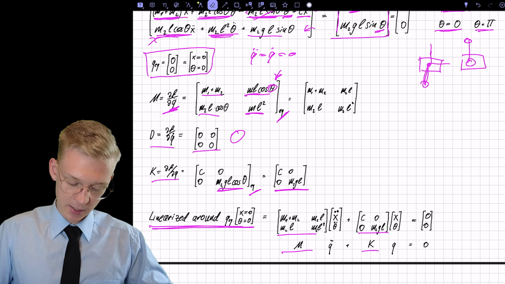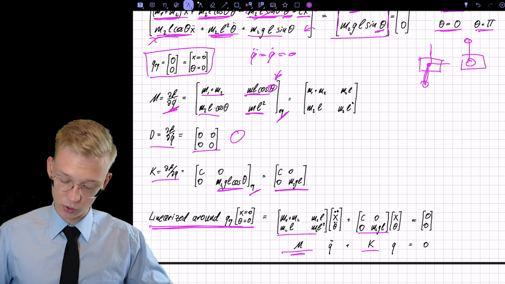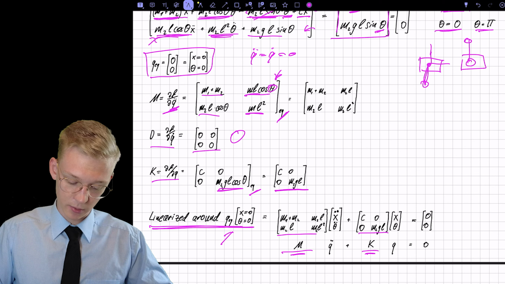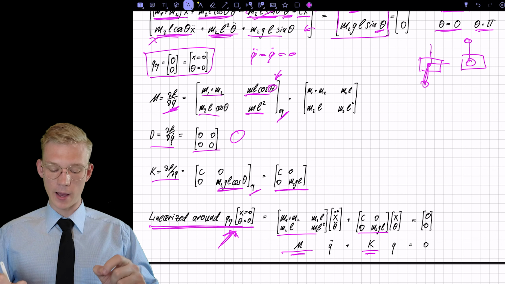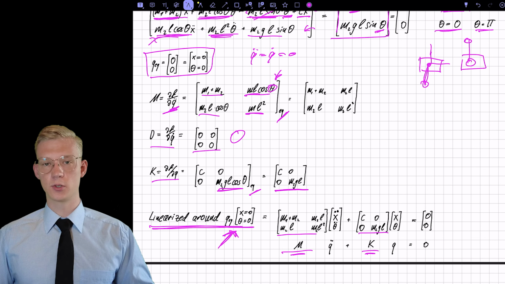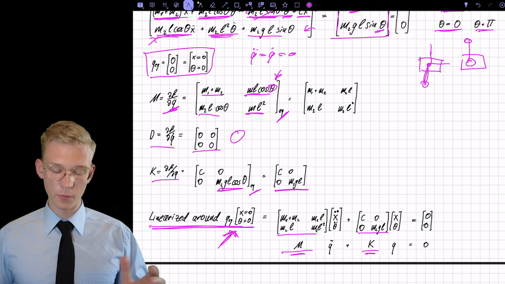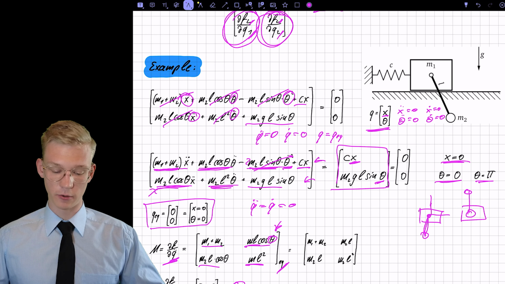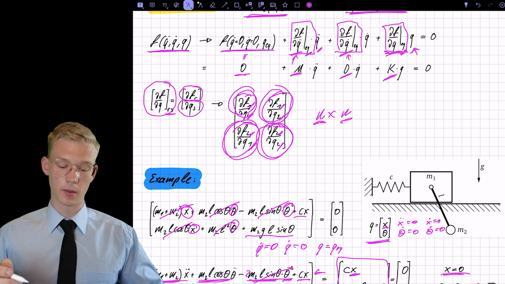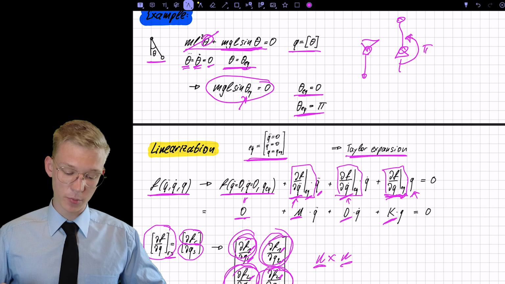So these matrices, the M matrix and the K matrix, are specific or constant for each equilibrium position. If we found them, they are only valid for this specific equilibrium position. I hope this video gave you a better understanding of how we get the linearized equation of motion and how we get an equilibrium position.